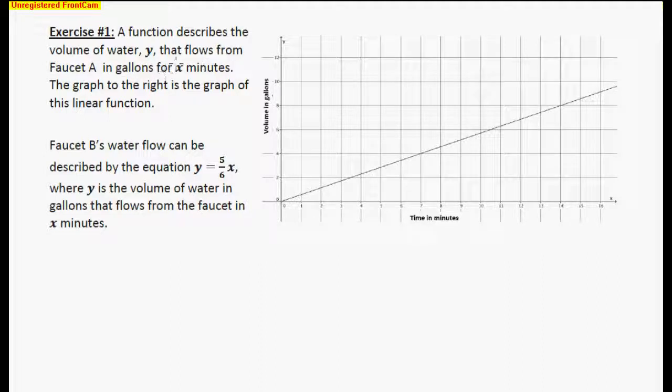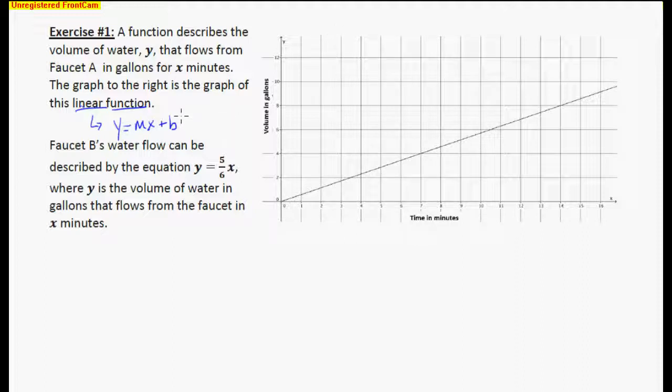Remember, when we say linear function, that means it behaves like this equation, y equals mx plus b. So if this is the graph that describes faucet A, then I could come up with an equation that would describe it. Let's try to do that before we answer any questions here.